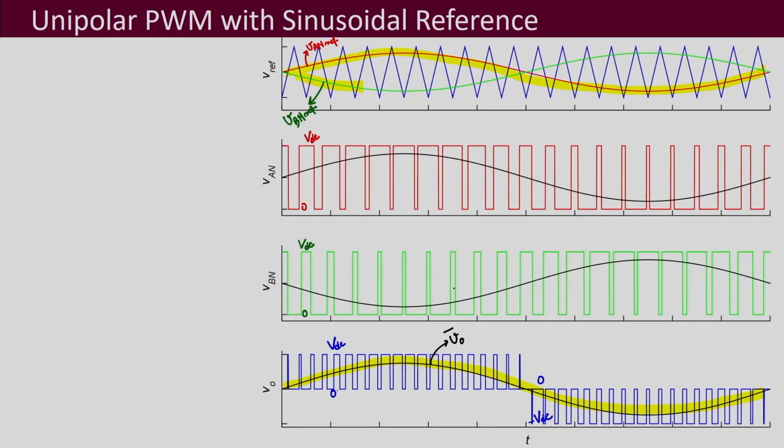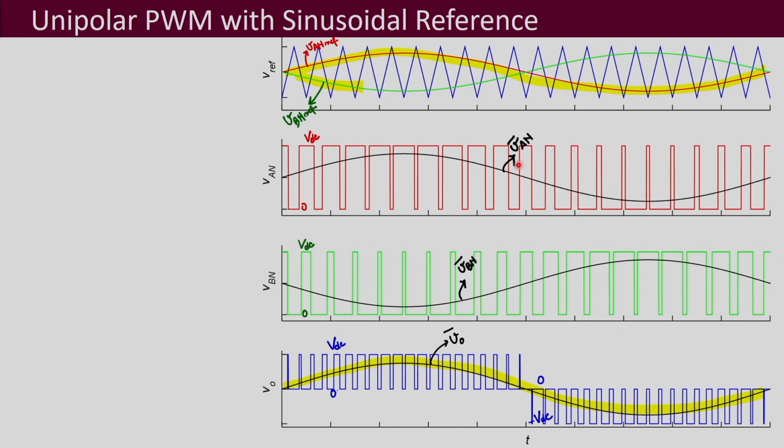And similarly, your average for these leg voltages are also shown. This is your VBN bar, averaged over one switching time period, and it is done like that continuously. So, VAN bar, that is the average for VAN, the switched voltage waveform that you are going to obtain.